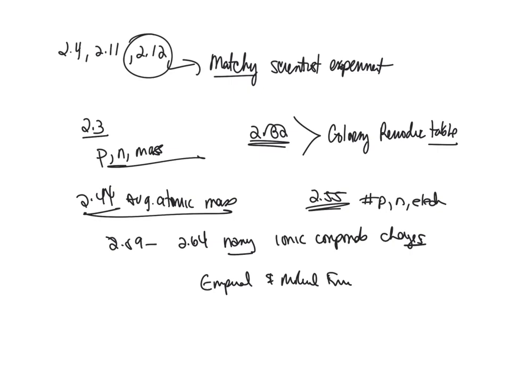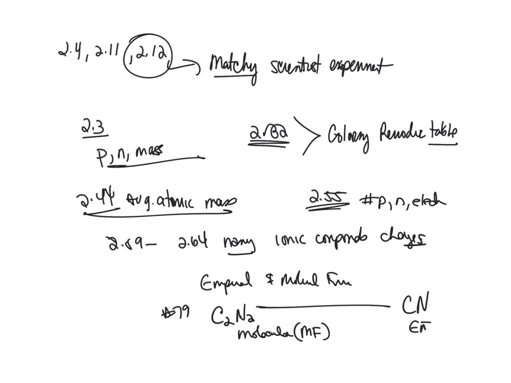Like C2N2 for problem number 79, that would be your molecular formula. You can just write MF. Your empirical formula would be CN. So know that.